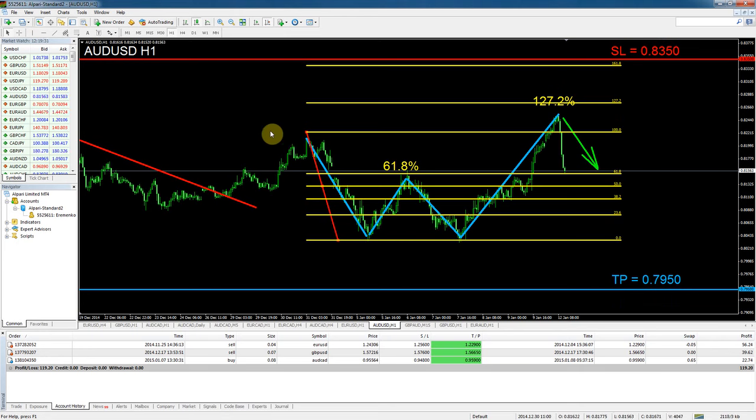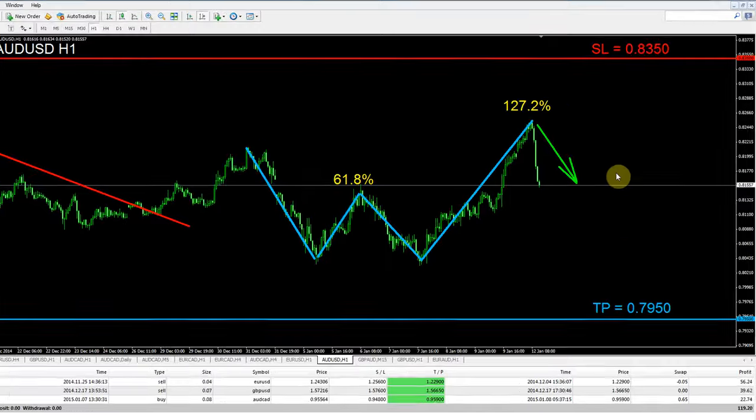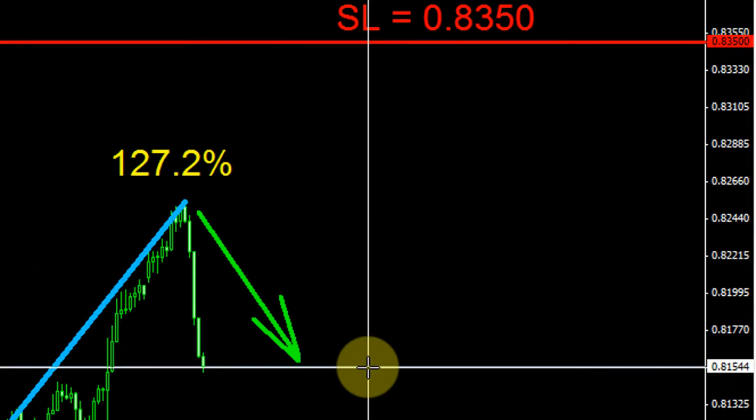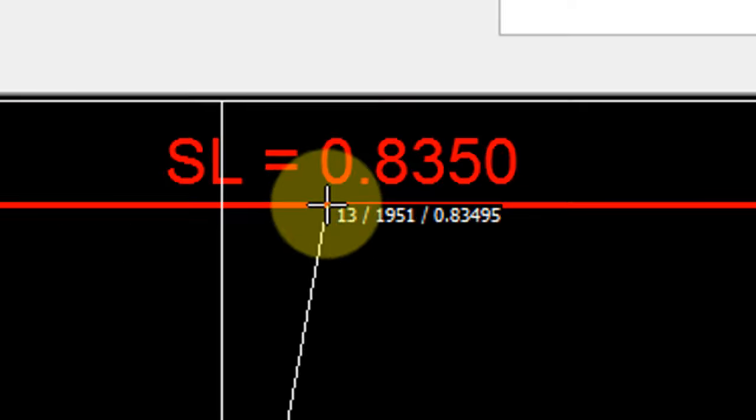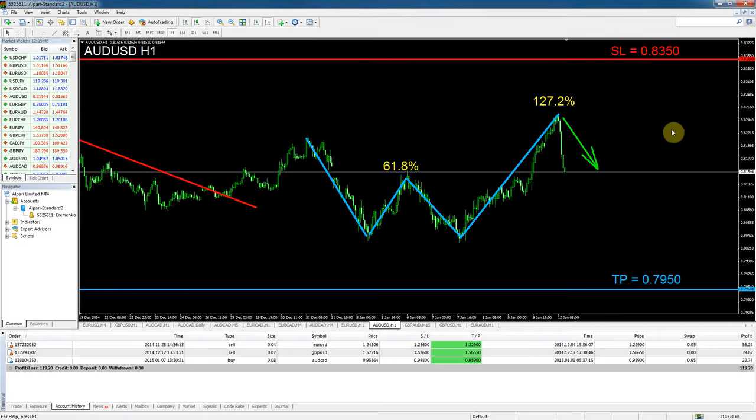I'm just going to delete these Fibonacci lines. The last thing we need to do is measure our stop loss, because we'll need that for the risk calculation. Right now there's about 195 pips in the stop loss. Let's remember that number and move on to calculating our lots.